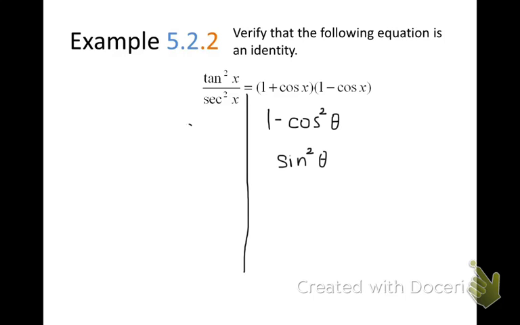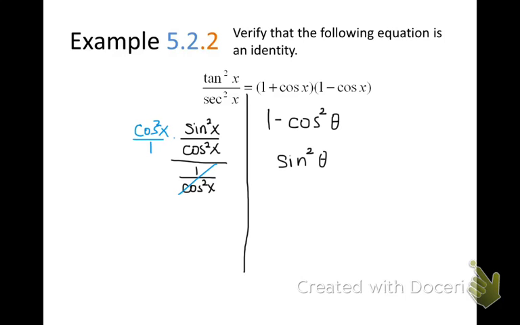Okay, so she wants me to do the sine squared of x over the cosine squared of x for the tangent. And then on the bottom, she wants me to say, okay, this is 1 over the cosine squared of x. Now what? Okay, so on this same step, I can multiply by the reciprocal, so I can get rid of this if I multiply by cosine squared of x over 1.